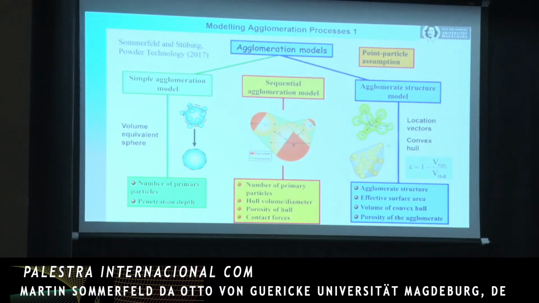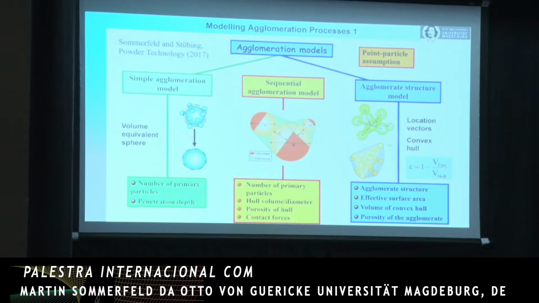So then we have this sequential model, which was developed more than 10 years ago by my group. We will show more on why it is sequential, why we are only considering the collision of 2 particles. And then with the void between these two, we put a convex hull around it, and with the void we form a new volume equivalent sphere with porosity.